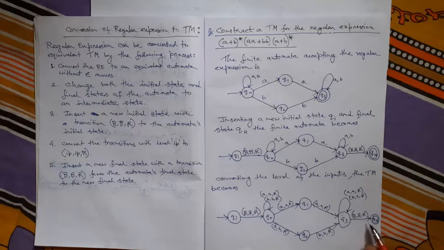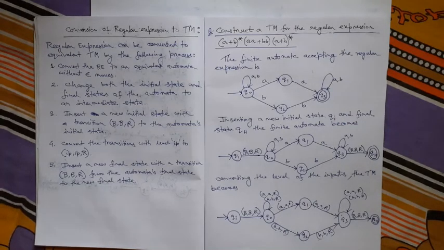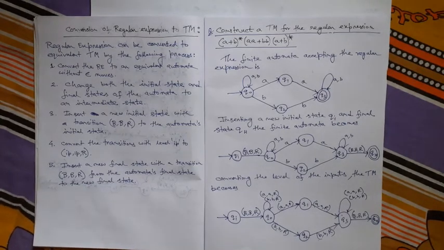And for this final state we have to give a blank and the right-hand side move, R. So this is the conversion of this regular expression to the Turing machine. I think you have understood how to draw the non-deterministic Turing machine by this particular process. Thank you.